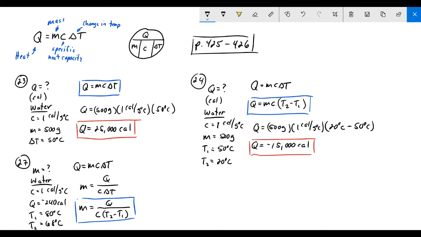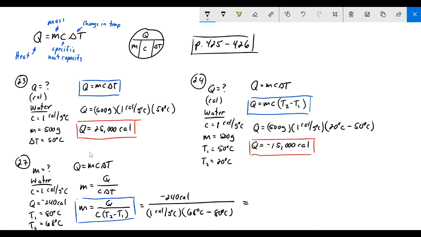We'll put all the numbers in once again. So we've got our negative 240 calories. The specific heat capacity for water is 1 calorie per gram degrees Celsius. T2 is 68 degrees Celsius. T1, 80 degrees Celsius.